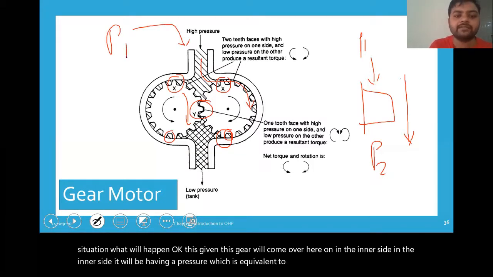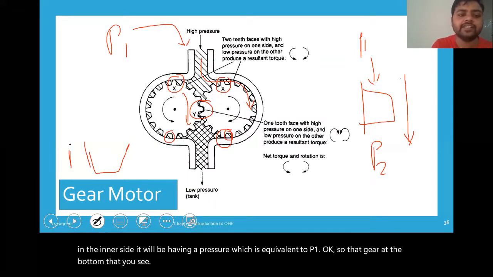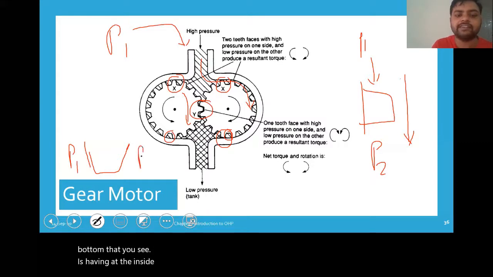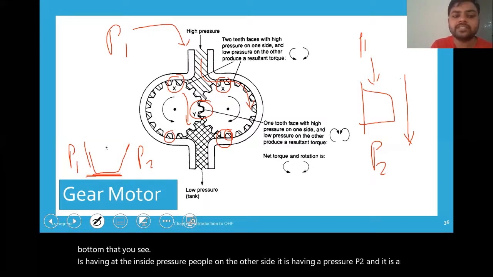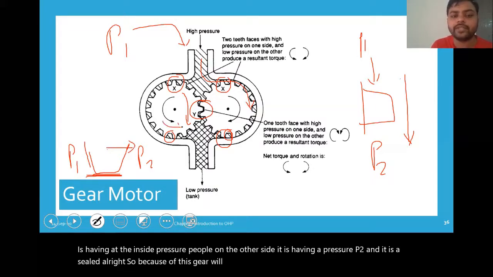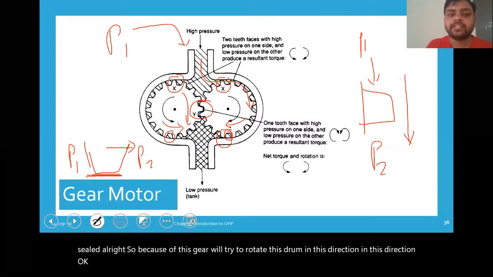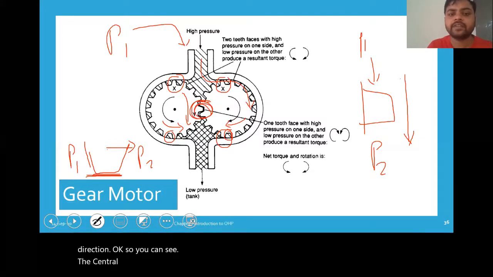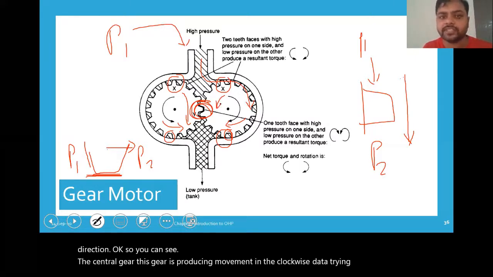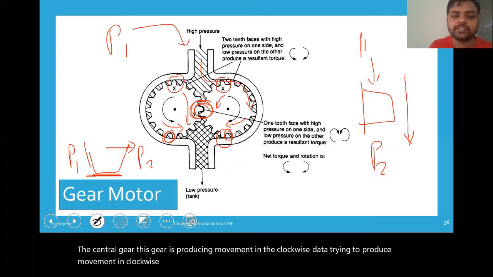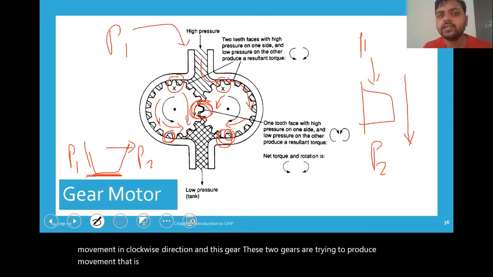So the gear at the bottom that you see has inside pressure P1, on the other side it has pressure P2, and it is sealed. Because of this, the gear will try to rotate this drum in this direction. So you can see the central gear is trying to produce movement in the clockwise direction, and these two gears are trying to produce movement in the anti-clockwise direction. All right, so what will happen?